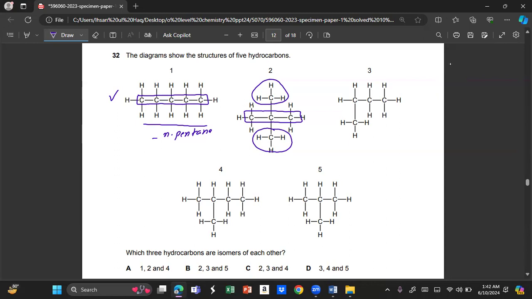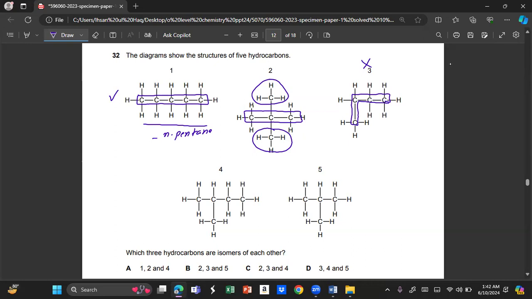If we move to structure 3, it is similar to structure 1 because all the carbons are in a continuous chain. As I earlier told you, continuous chain does not mean it should be straight. We will reject option number 3 because we have selected option number 1 and we will not repeat it.